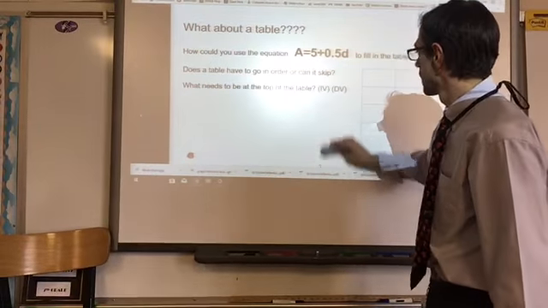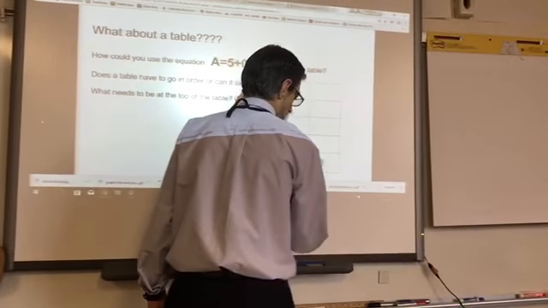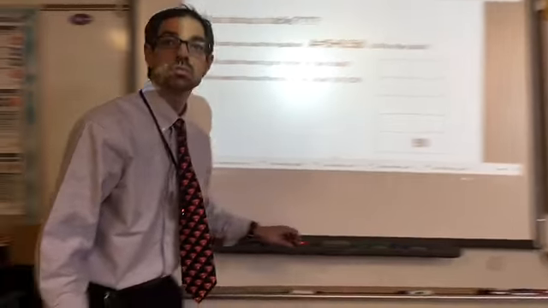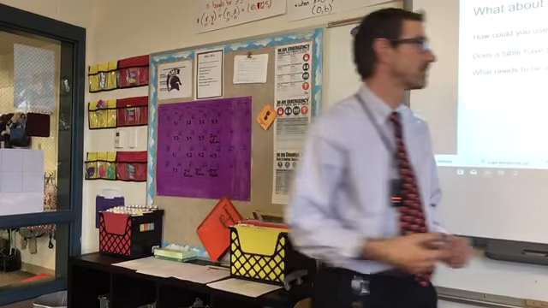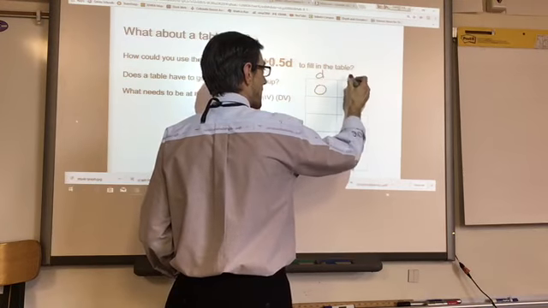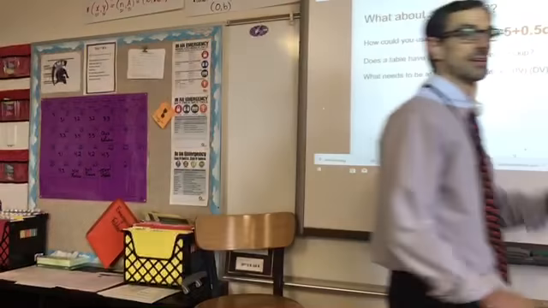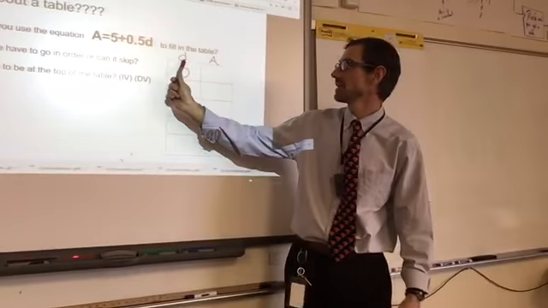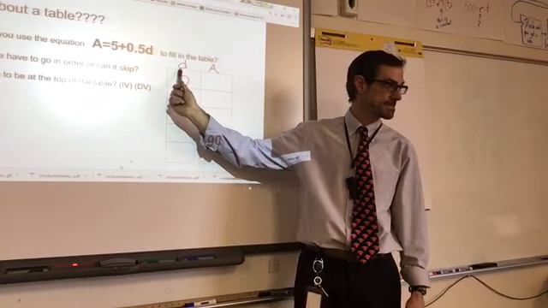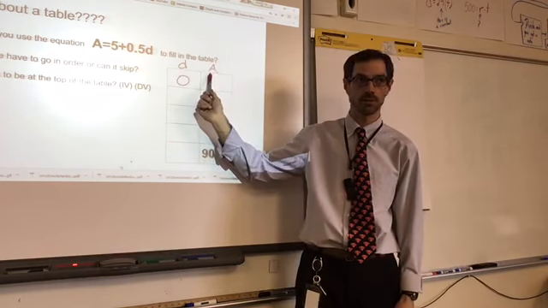Just wait a sec. All right, so here's my table. There's one number on my table I should always put in: 0. So I'm going to call this D, and I'm going to call this A, because this is my independent variable, and this is my dependent variable.